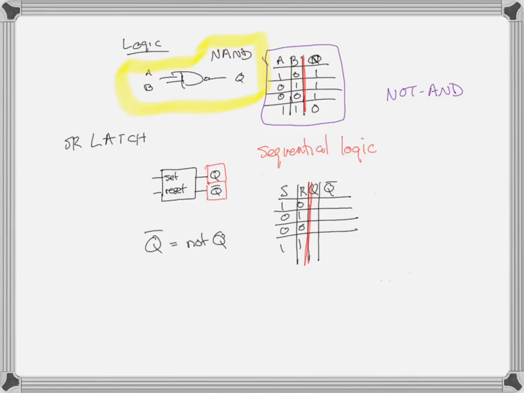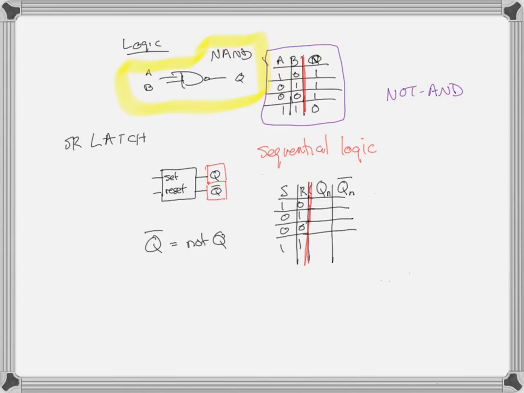Now here's the function of an SR latch. An SR latch remembers what was on the output before. In order to denote an input and a previous input and a next input, we talked about the nth input.